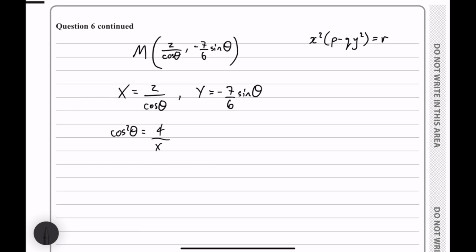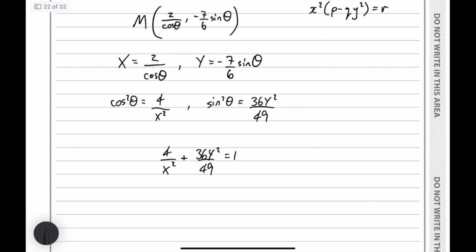cos squared theta equals 4 over x squared, doing the same over here, gives us sine squared theta equals 36y squared over 49, and then because cos squared plus sine squared is 1, we can add these two expressions together, and it has to equal 1. Tidying it up a bit, make it look like the expression up here.